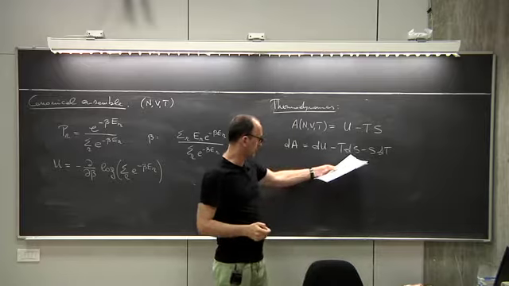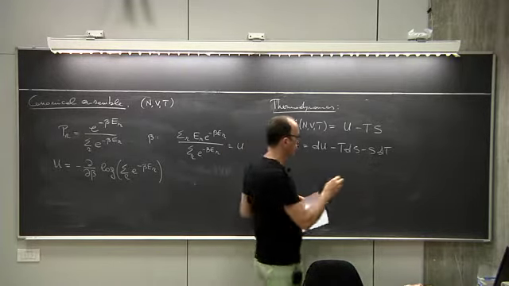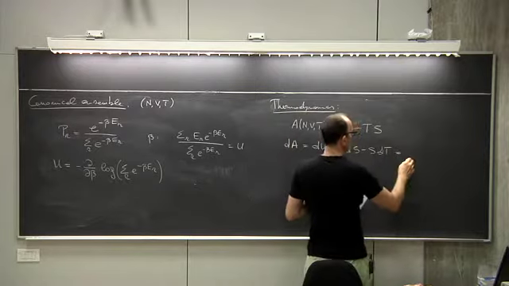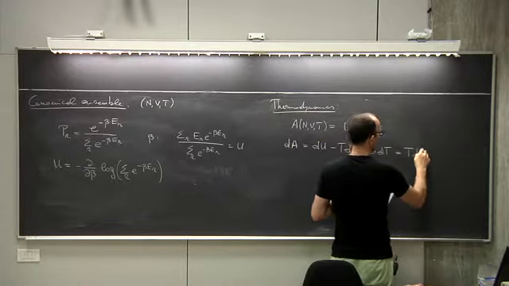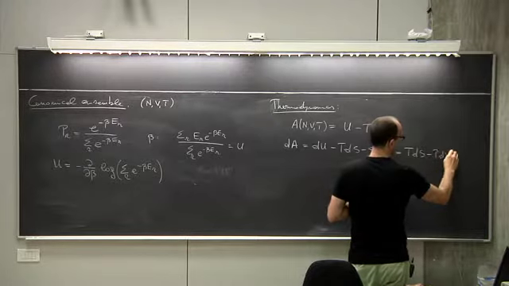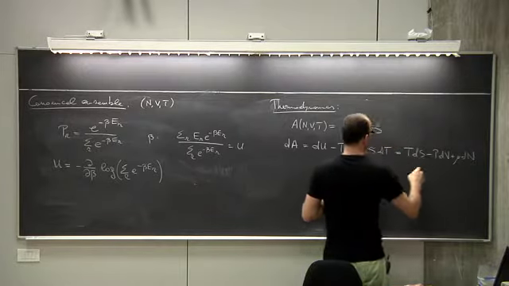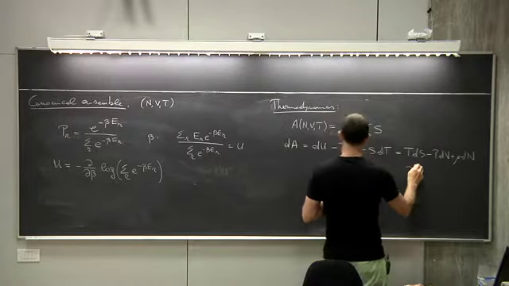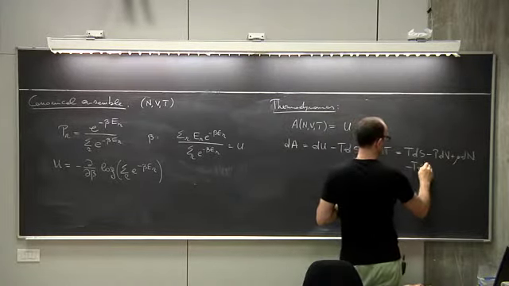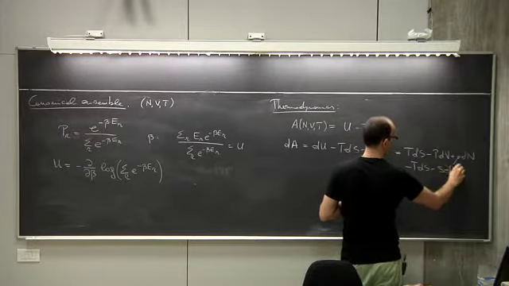But we know that dU, by the first law of thermodynamics, is equal to T dS minus P dV plus mu dN, minus T dS minus S dT.